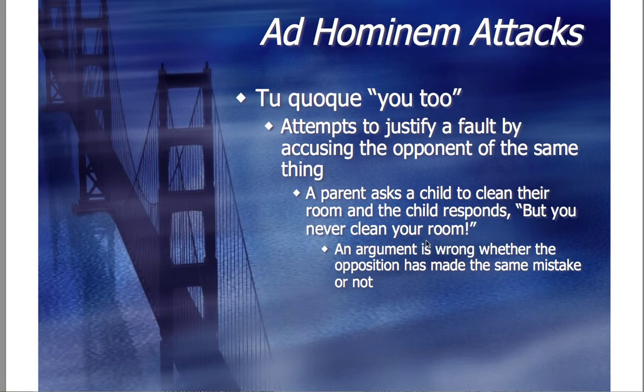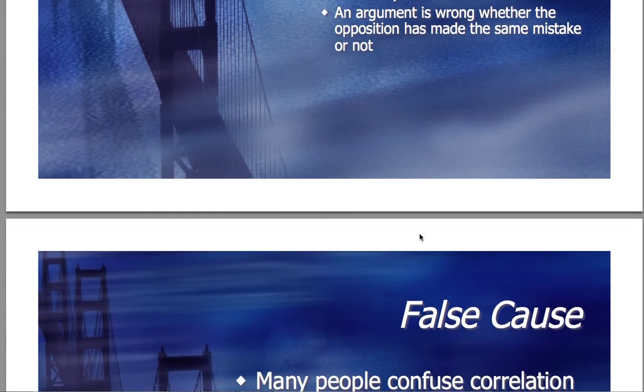It has no bearing on whether or not they ever clean their room, which is probably not a true statement anyway, but you know how kids get things out of control. It doesn't matter. The parent's asking them to do something. One thing has nothing to do with the other. So it can be a very effective attack, but it's definitely still a logical fallacy.